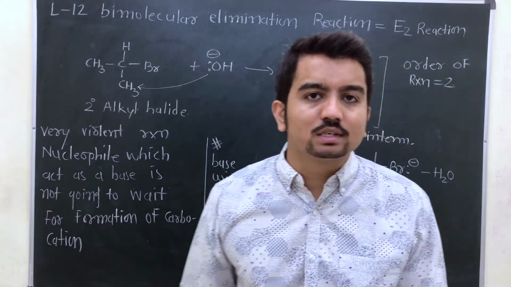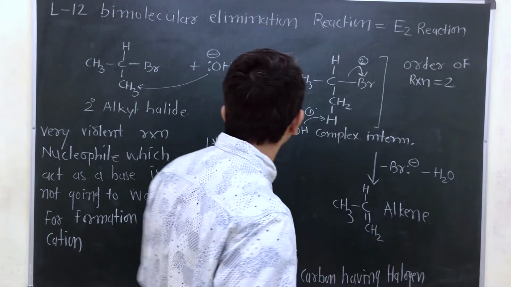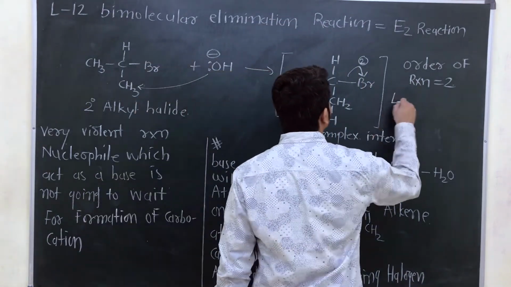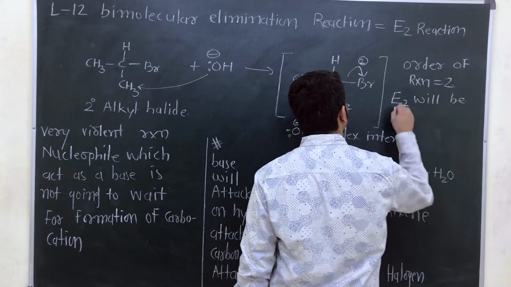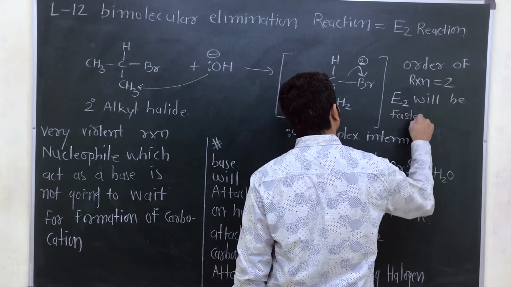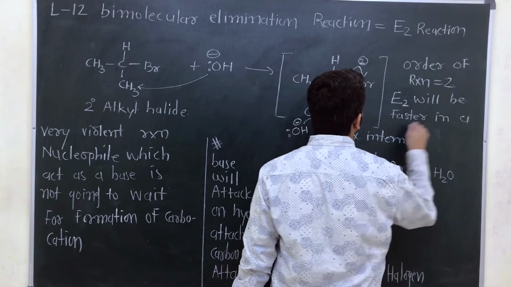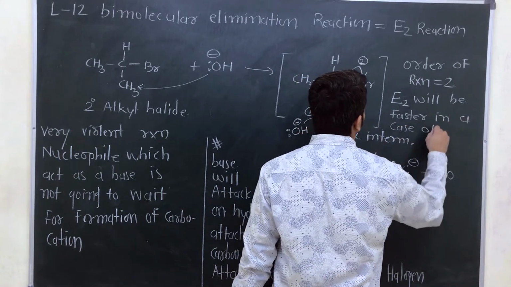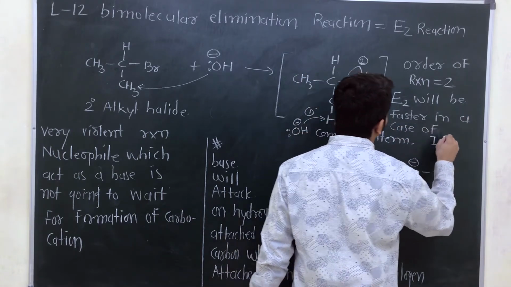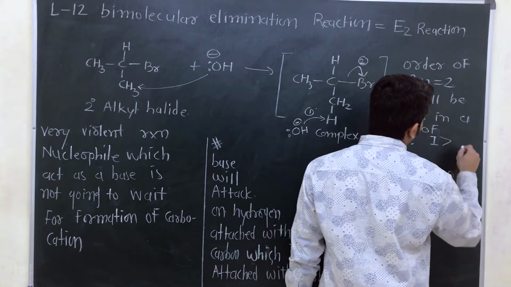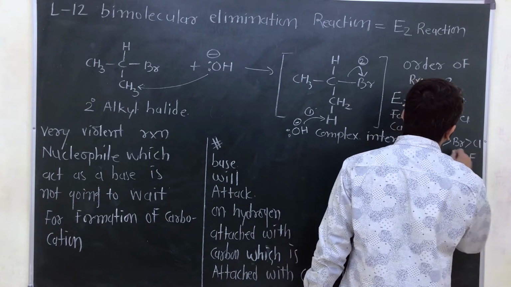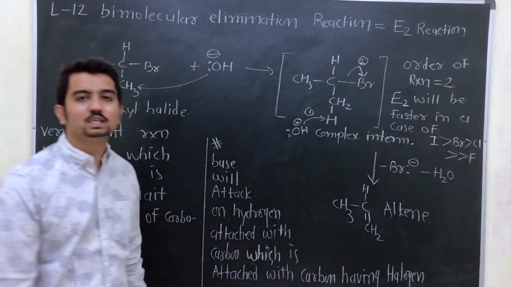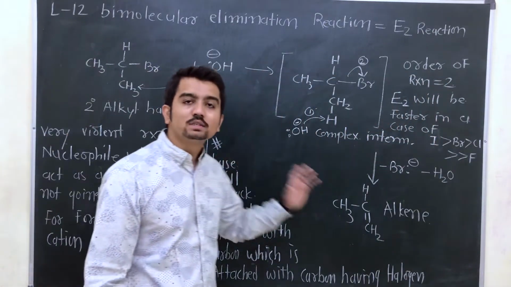E2 will be faster in the case of iodine, then after that bromine, then after that chlorine, and very last fluorine. Is this clear? Now please take a screenshot.